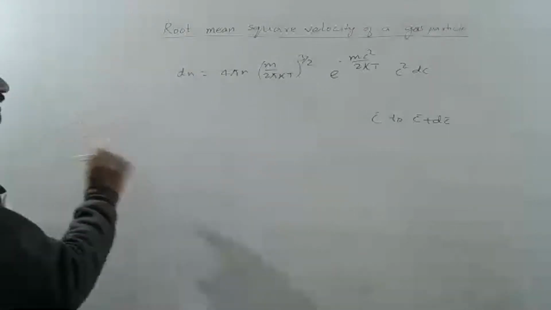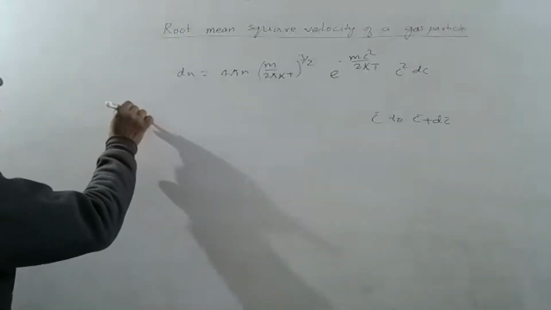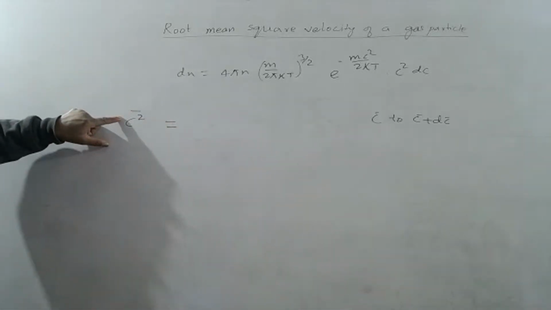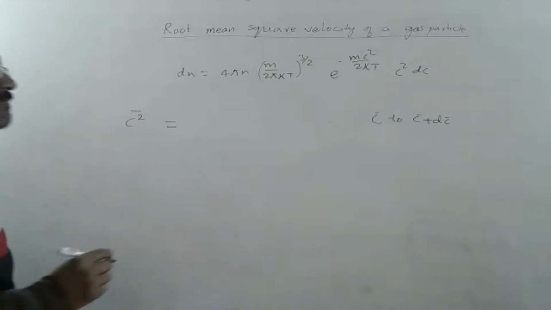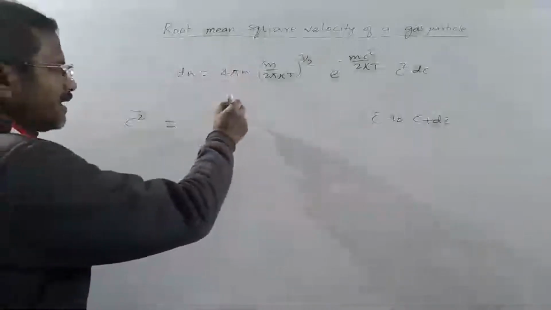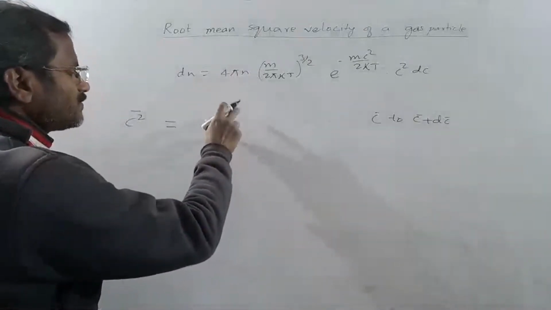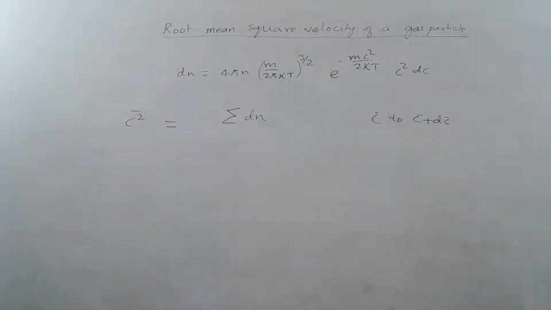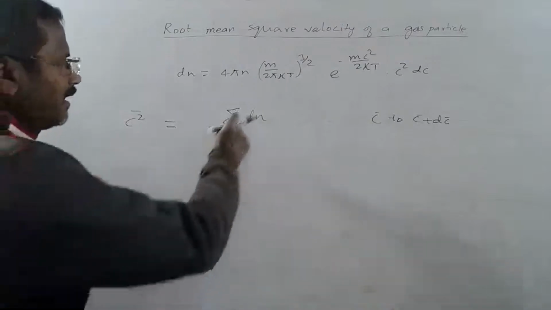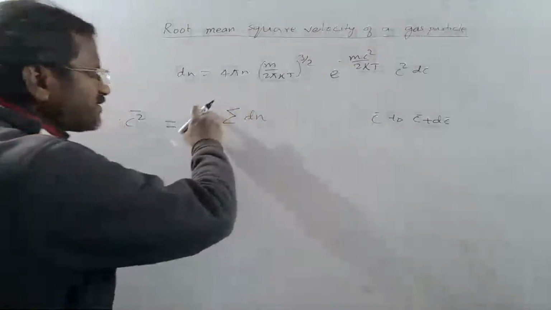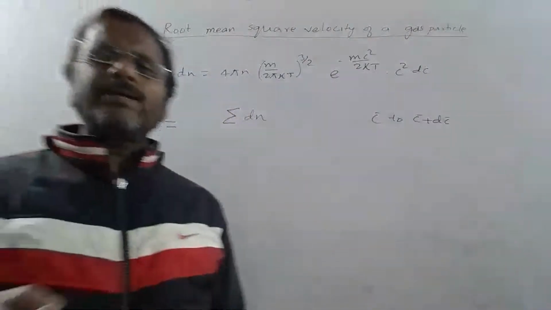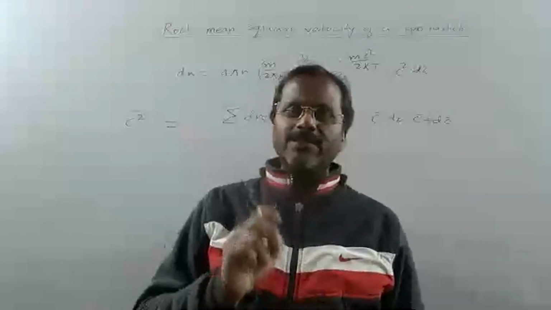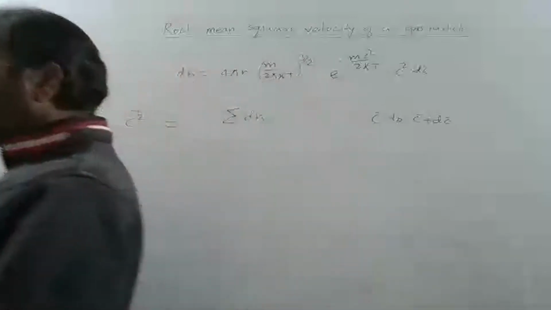First of all, we calculate the mean square velocity. That means we take the total number of particles, the summation of dn, and with this we multiply the square velocity, which gives the total number of particles moving with that square velocity.